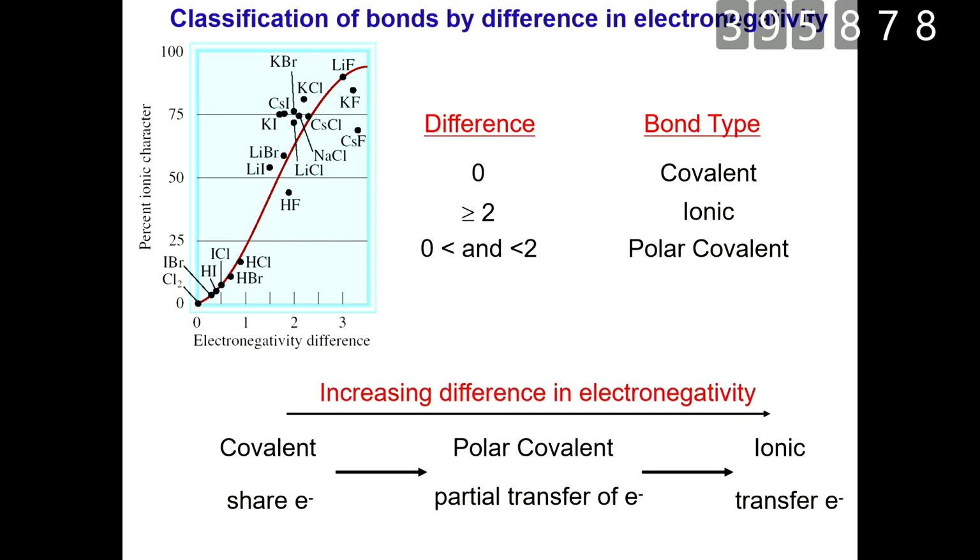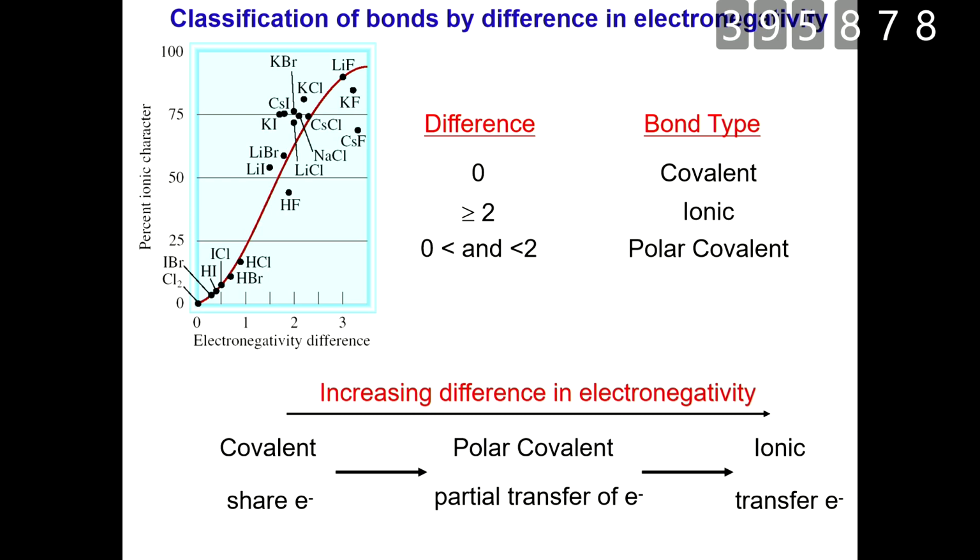So we can say this compound. In these compounds, the difference between these two atoms are more than 2. So they will form ionic bond. Here, for example, we can see all these compounds, like lithium chloride, right? KF and here sodium chloride, right? Sodium chloride. So its difference is also more than 2. Okay, so it belongs to ionic bond.